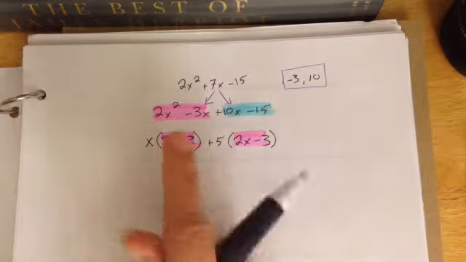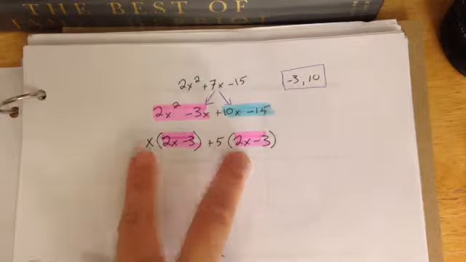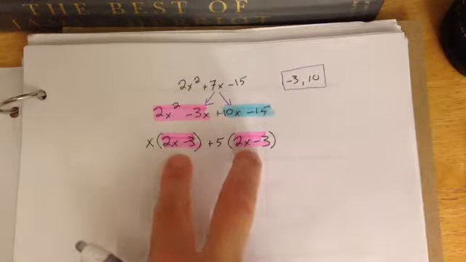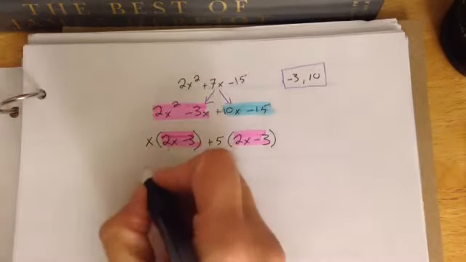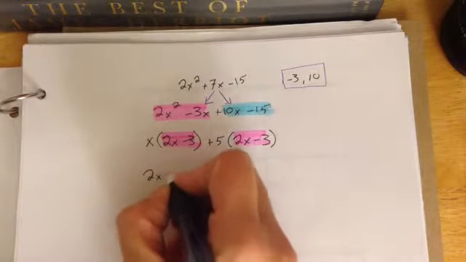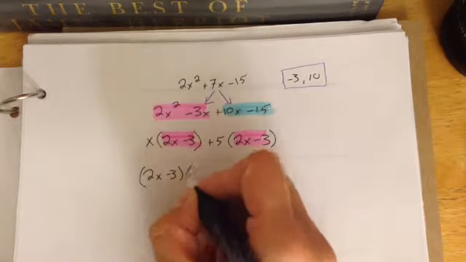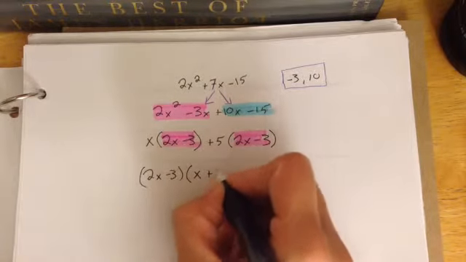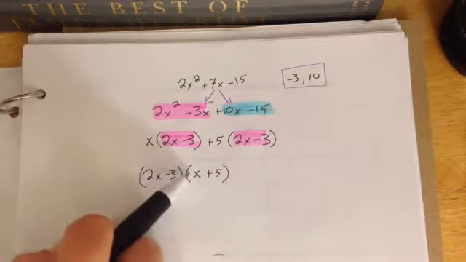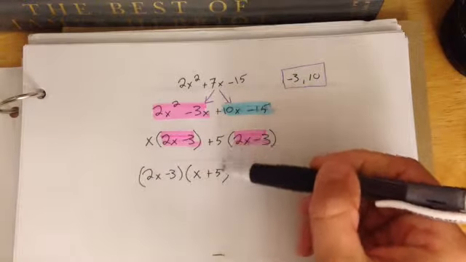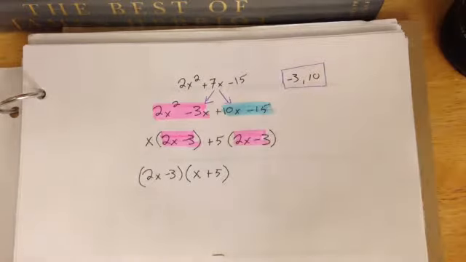So what I have is 2 terms, each of which have this pink blob in them. I can factor that pink thing out, leaving myself with 2x minus 3 times x plus 5. The x is what's left from the first term, and the 5 is what's left from the second term.